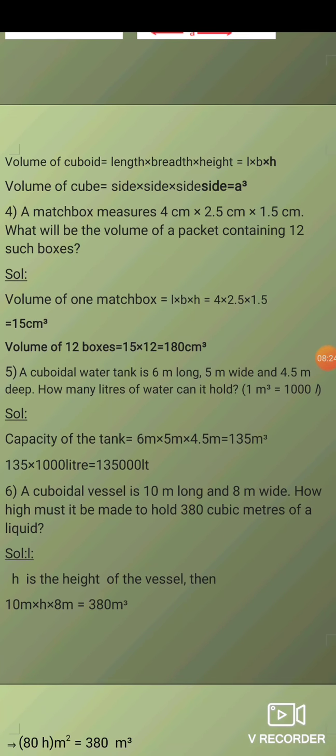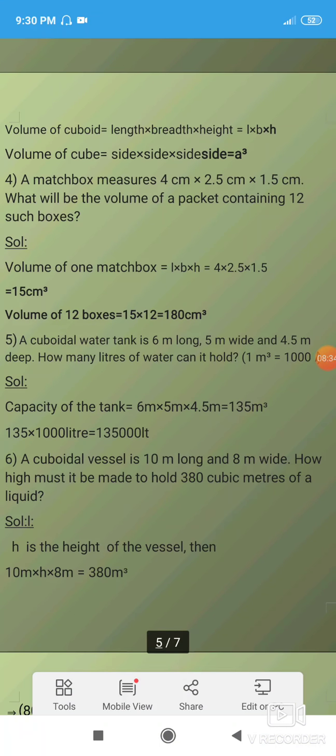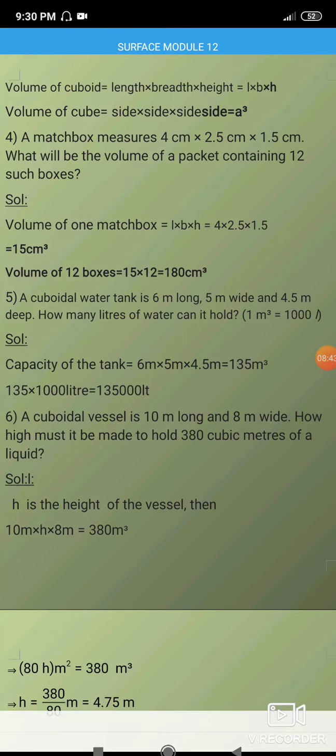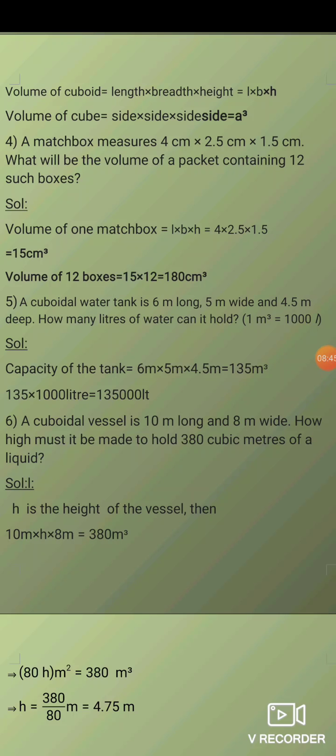Now the next one. A cuboidal water tank is 6 meter long, 5 meter wide and 4.5 meter deep. How many liters of water can it hold? Then one condition given, 1 meter cube is equal to 1000 liter. Now the capacity of the tank is equal to what? First the volume you need to find out. That is 6 meter into 5 meter into 4.5 meter, which is equal to 135 meter cube.